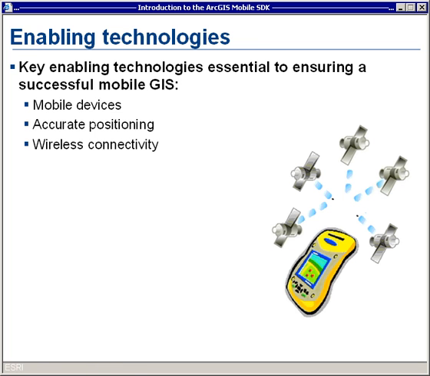The second key technology has been the development of a range of different positioning technologies. The most important one, of course, is the global positioning system. Over the last 20 years or so, we've been leveraging GPS in a number of different industries, and mobile GIS is no different.